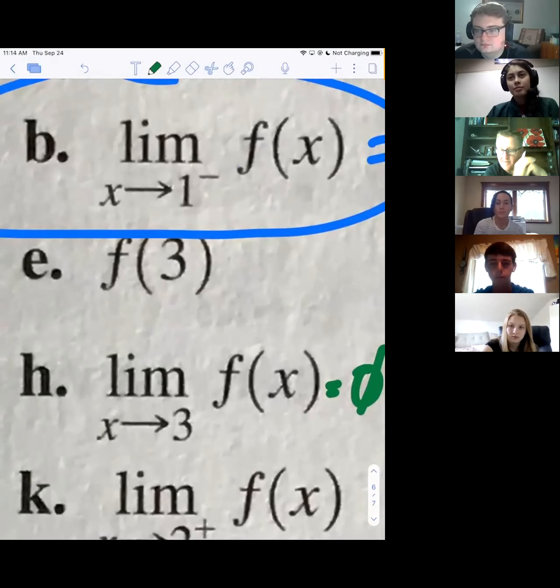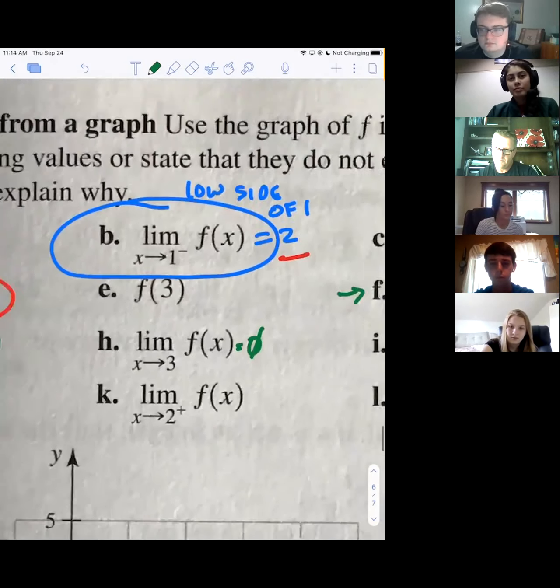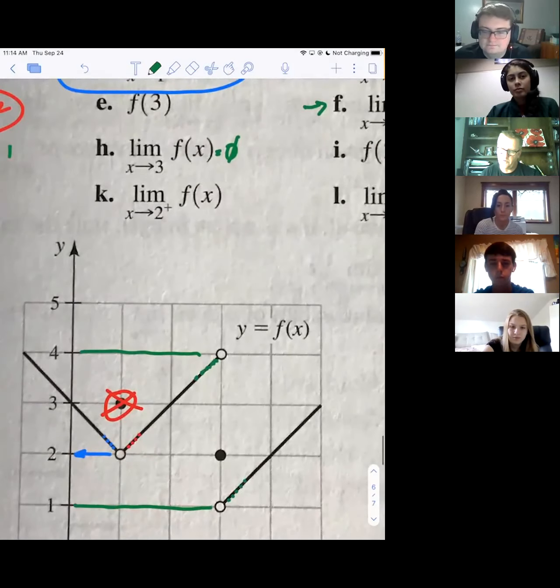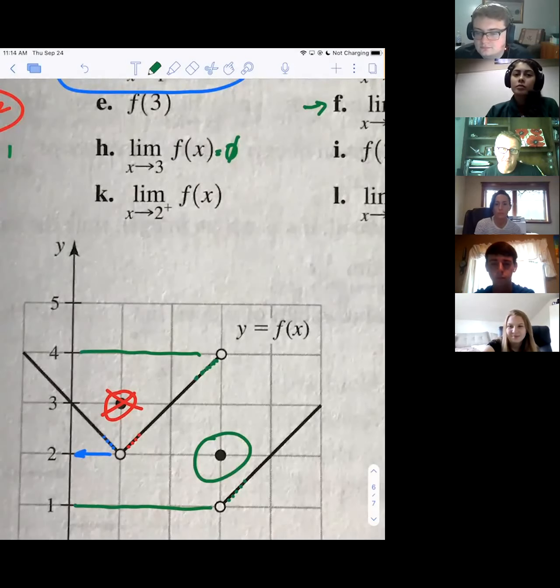Can x be 3? Well, again, notice they just kind of stick an answer in there somewhere, like it's 2. You see what I'm saying? There isn't actually an answer with x is 3, they're telling me there's a dot there.